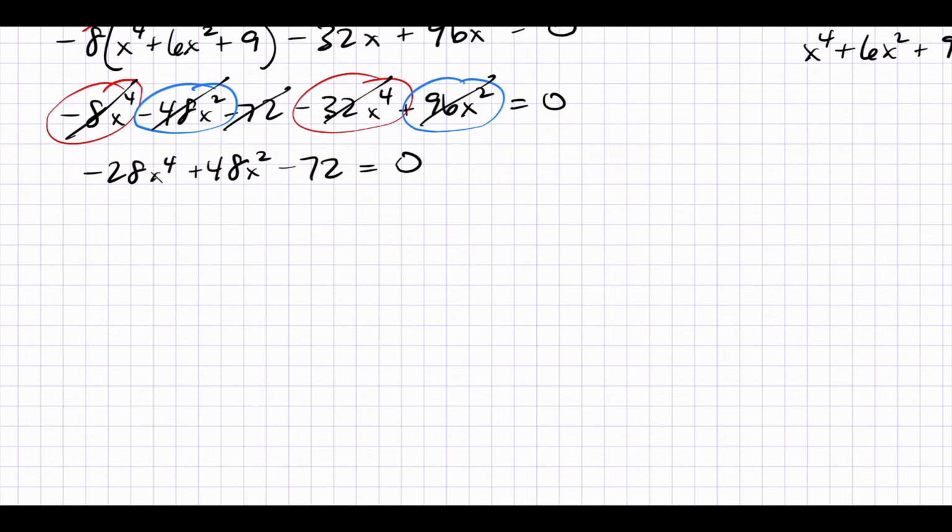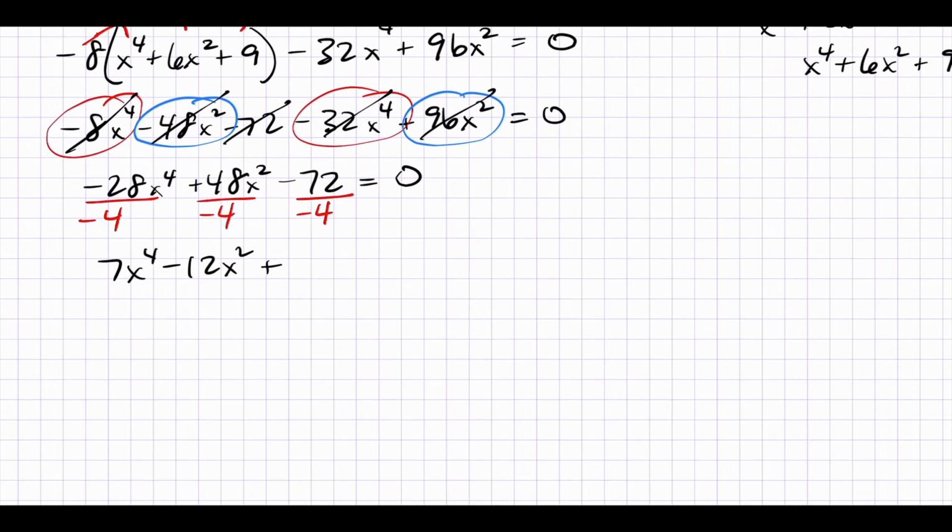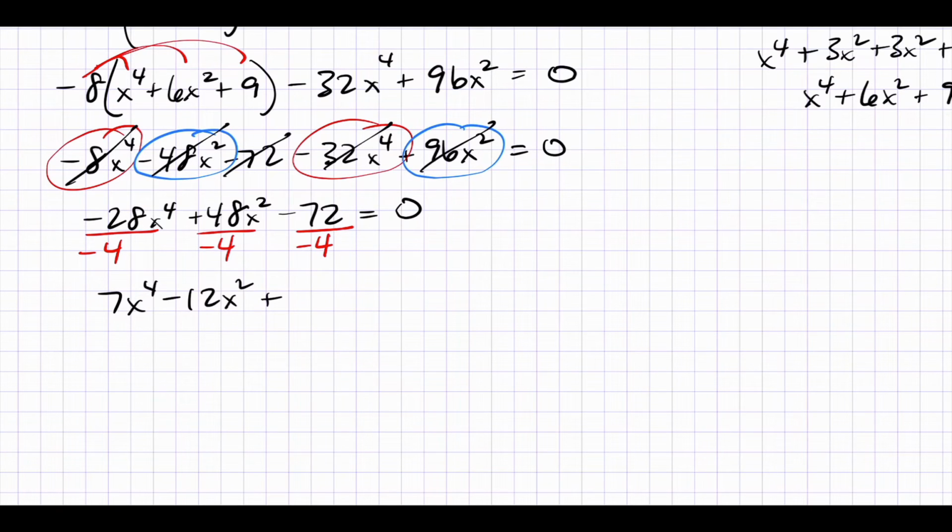It's a trinomial, so GCF. I believe -4, if not higher. Let's see, so 7x to the fourth minus 12x squared plus 16? No. Yes. So wait, we had -8x to the 4 and -32x to the 4.